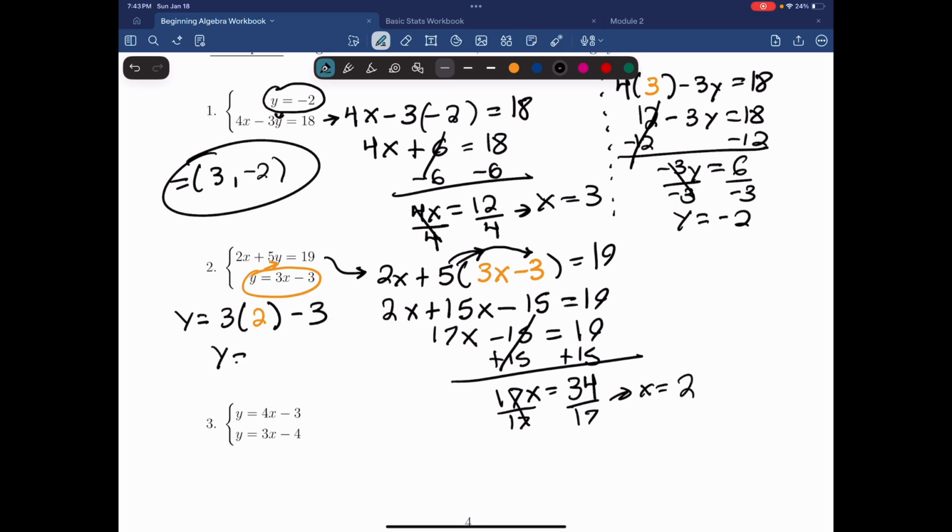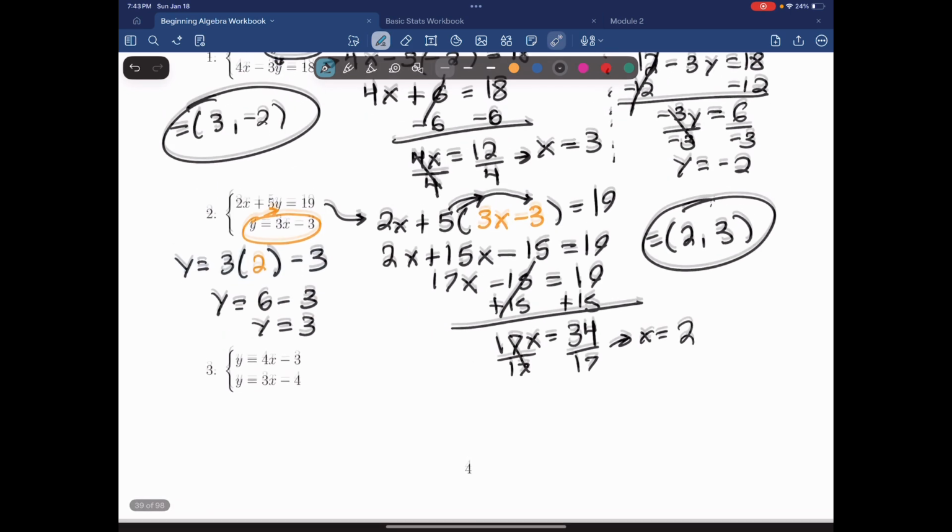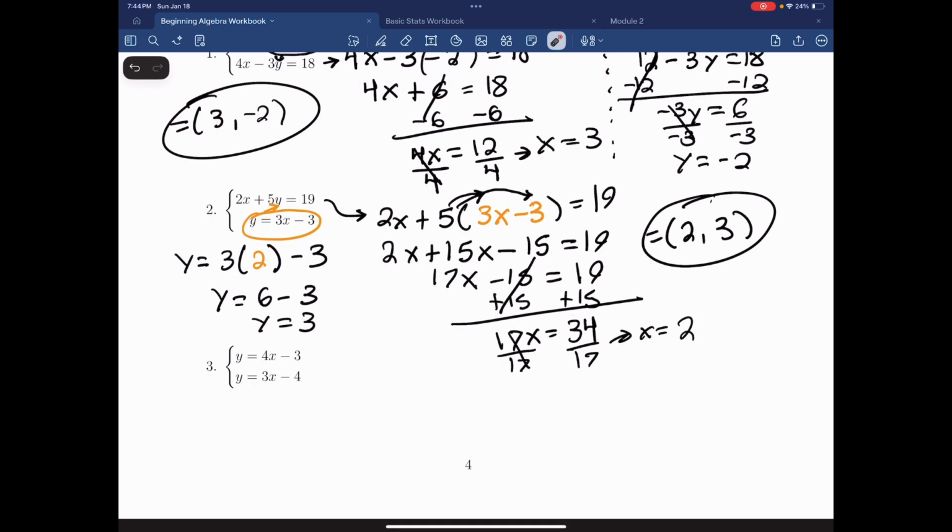So y equals 3 times 2 is 6. 6 minus 3, so we get y equals 3. So our solution to this system is 2, 3. That's your answer.